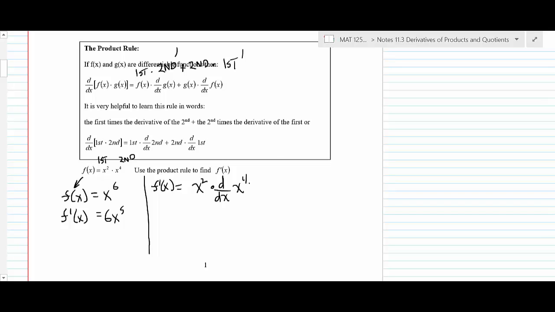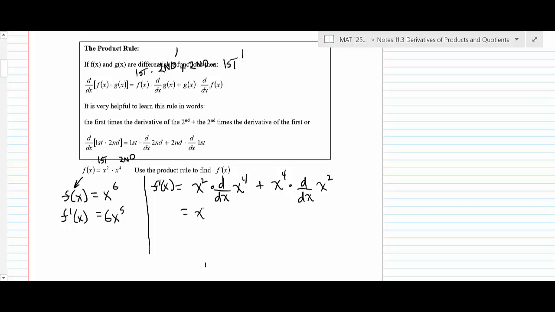That means take the derivative of. Then it would be plus the second. And then times the derivative of the first, which is x squared. Now I'm going to prove to you that you would get the right answer, 6x to the 5th, like that. So again, it's first times derivative of second plus second times derivative of first, okay?